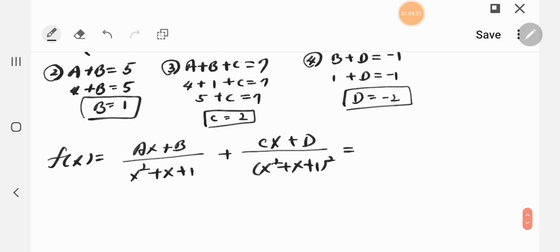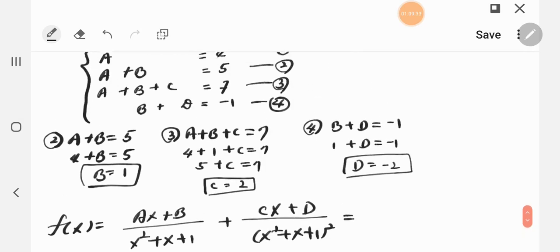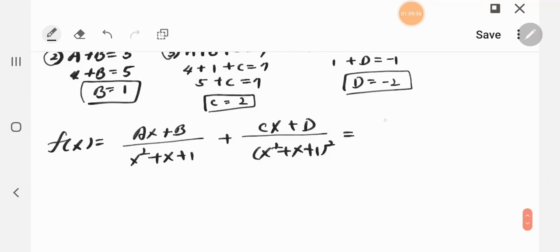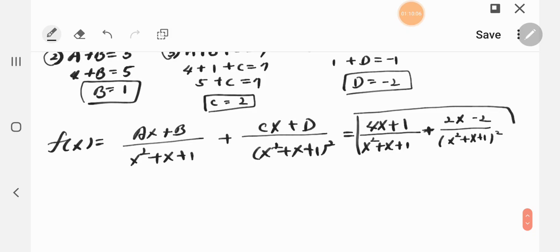Then replace a, b, c, and d. A is equal to 4 and b is equal to 1, so 4x plus 1 over x squared plus x plus 1. C is 2 and d is negative 2, so 2x minus 2 over x squared plus x plus 1 squared. So this is the partial fraction decomposition.